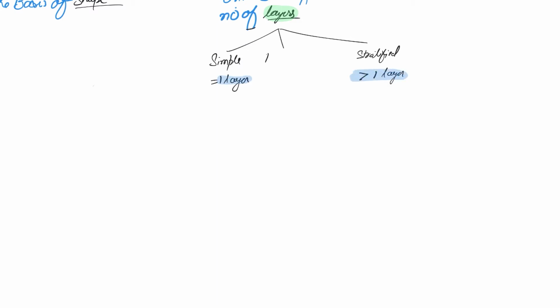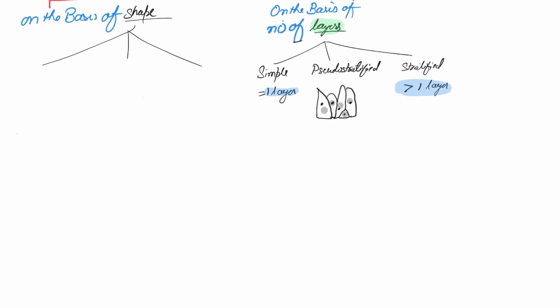Now there is another that is called pseudostratified. Pseudo means false, so it means a false number of layers. It looks as if there is more than one layer of cells, but because of their different shapes and very different nuclei positions, it appears as if they are different layers, but they are just one.